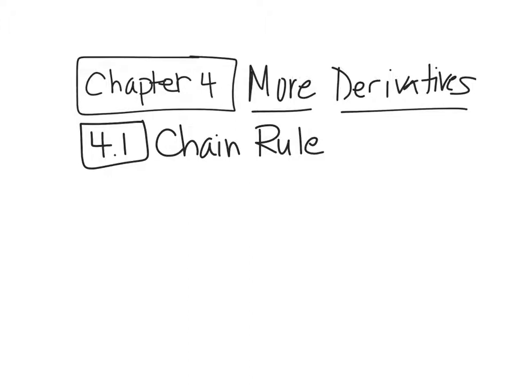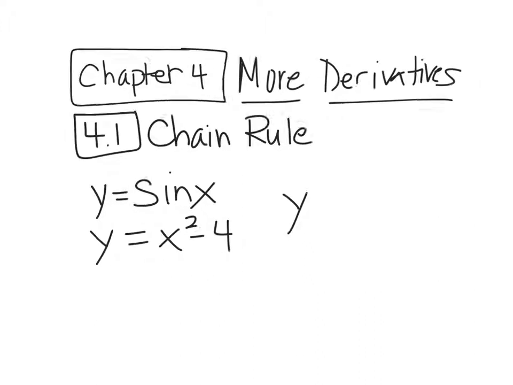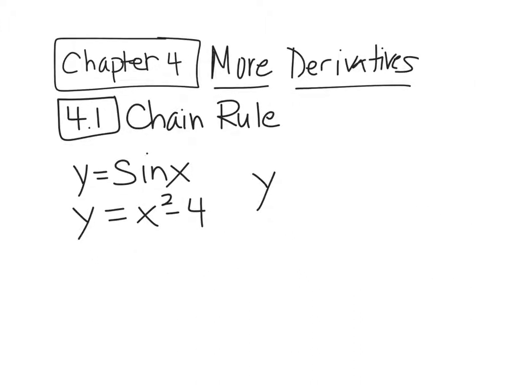Now, here's what the chain rule is. We have taken derivatives of y equals sine of x, and we've taken derivatives of y equals x squared minus 4. But we have not taken any derivatives of something that combines the two, like a composition of functions, like y equals the sine of x squared minus 4.